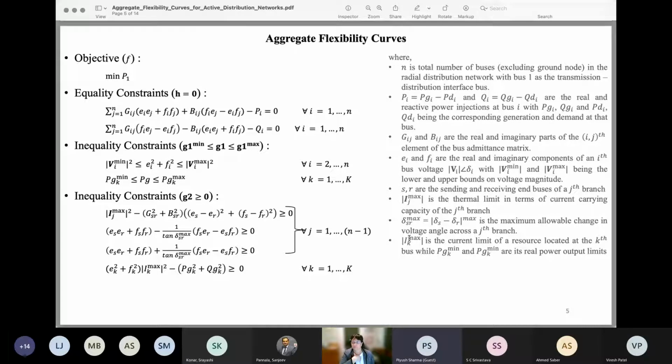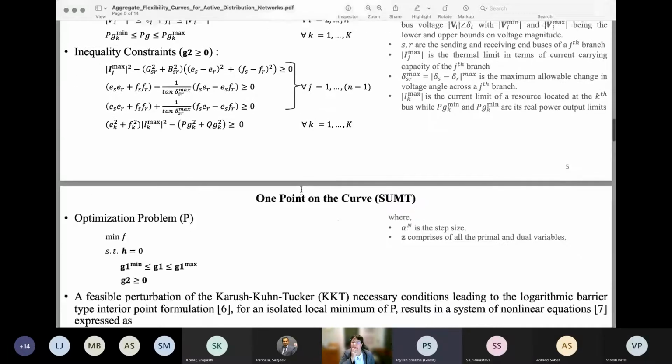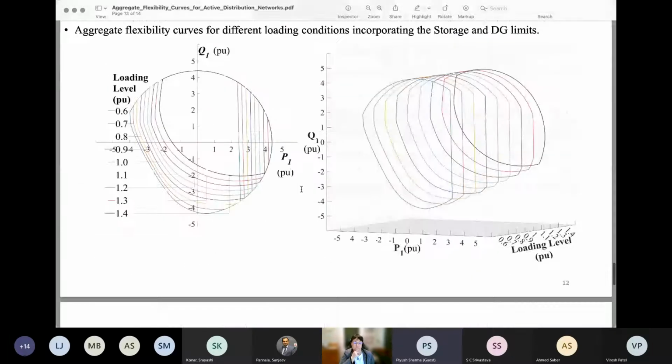As of now, this algorithm has not been modeled with respect to time. So there is no variable. We do not consider that. What we can do is essentially this: this particular curve, if I'm sharing this whole curve, gives the worst case possible situations that can happen when the loading level goes down to 0.6 or goes up to 1.4.